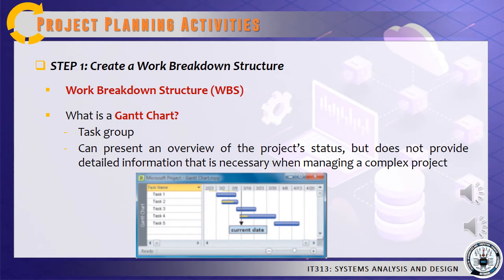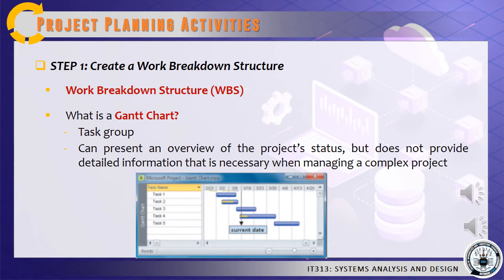As you can see in the figure below, it displays 5 tasks in a vertical array with time shown on a horizontal axis. The position of the bar shows the planned starting and ending time of each task, and the length of the bar indicates its duration.